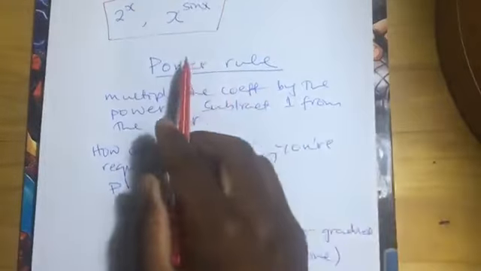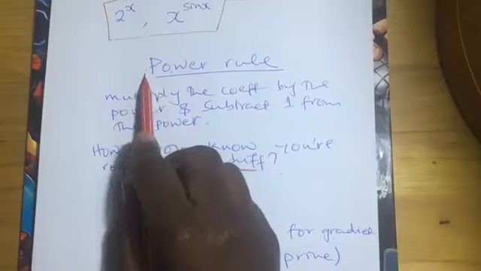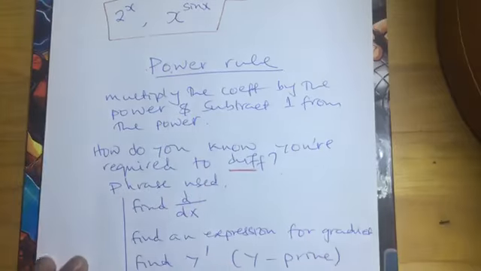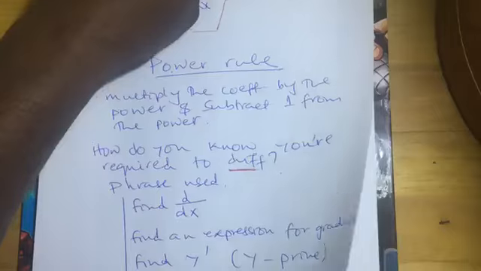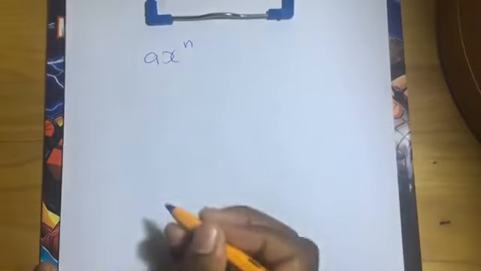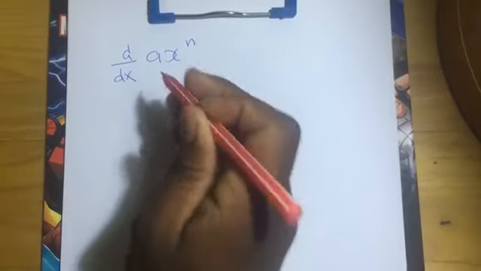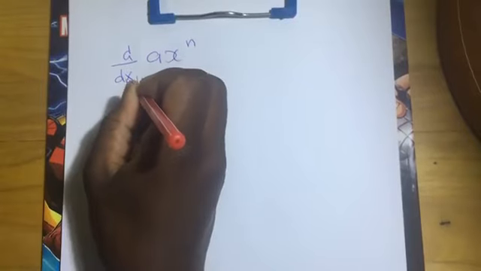Now, one of the quick methods to learn when you're differentiating is the power rule. What do you do for the power rule? Multiply the coefficient by the power and subtract 1 from the power. Okay. So algebraically, this is going to be like this. If you have ax to the power n, and they say d dx. Now, the letter they want you to focus on is the one that comes after the d.